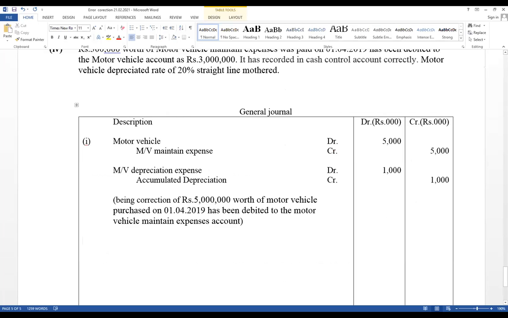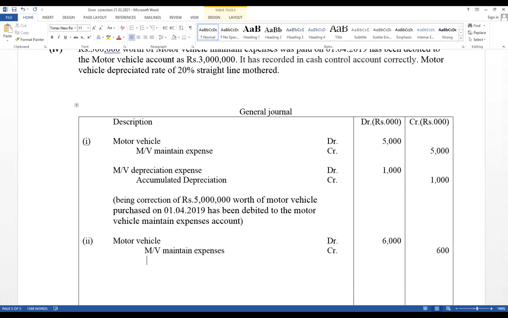Think about the double entry: motor vehicle account debit 6,000, values in thousands, and motor vehicle maintenance expense account credit 600, and suspense account credit the difference value.